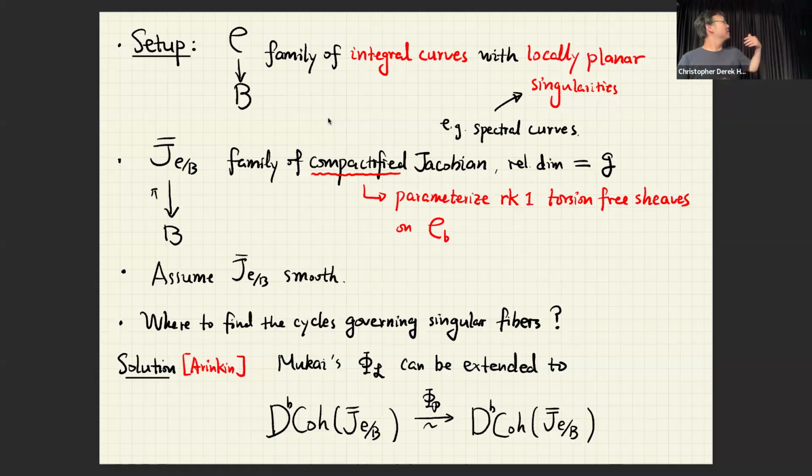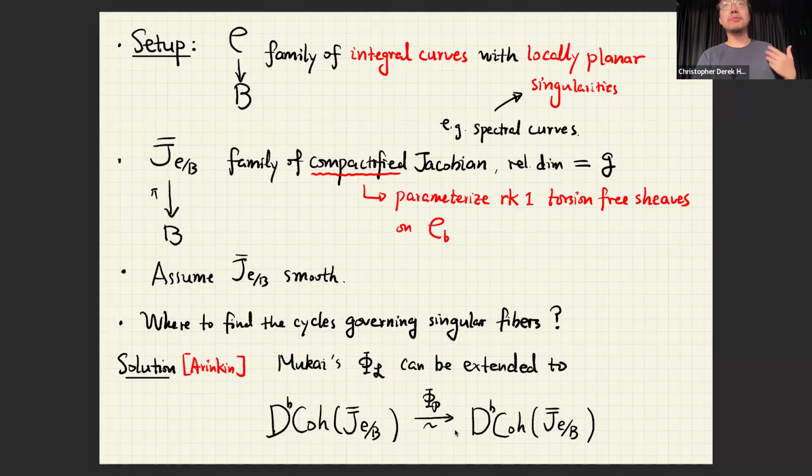The models for the singular fibers of the Hitchin fibration are actually the family of compactified Jacobians associated with integral locally planar curves. Over this singular locus, Dima Arinkin constructed an isomorphism of the bounded derived category, extending Mukai's original Fourier-Mukai transform.